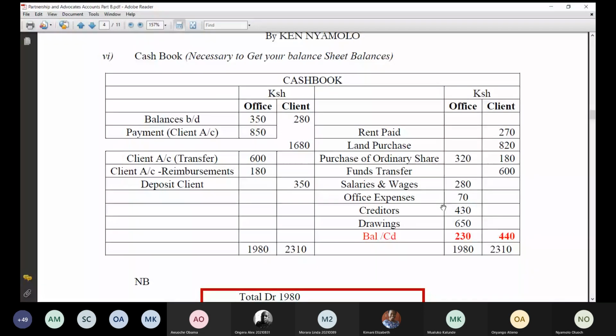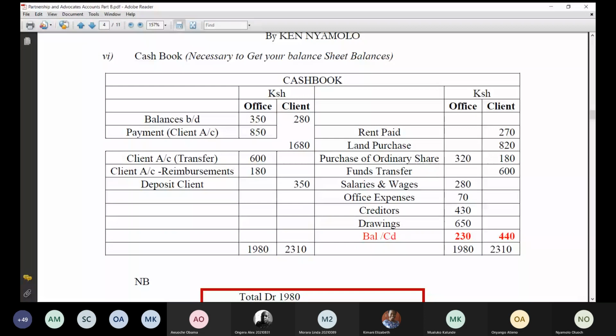you need to post the right figures on this so that your balancing figure at the end, the 230 and the 440, is what you are going to take on your balance sheet. So after posting all those stories that you've seen there, the essence of posting them is to see how you come up with these balances of 230 and 440.